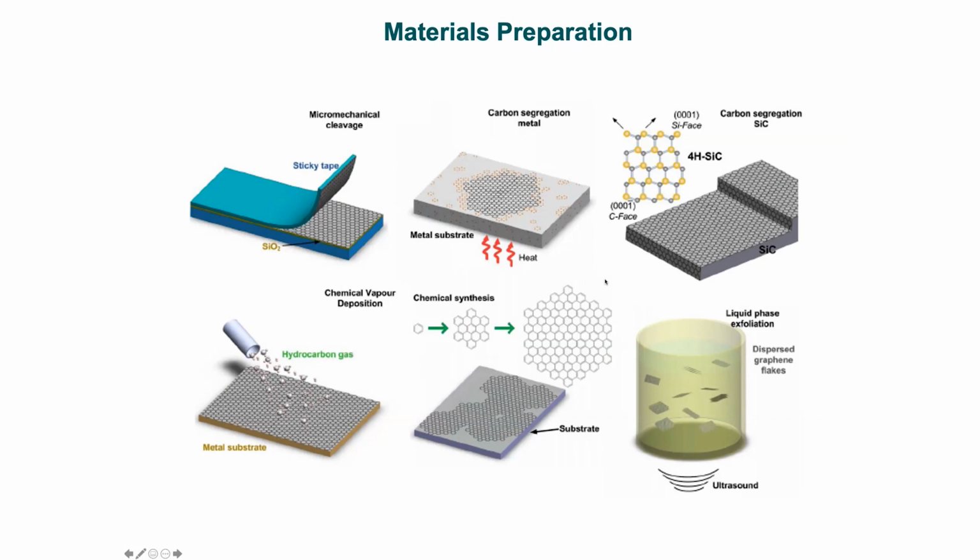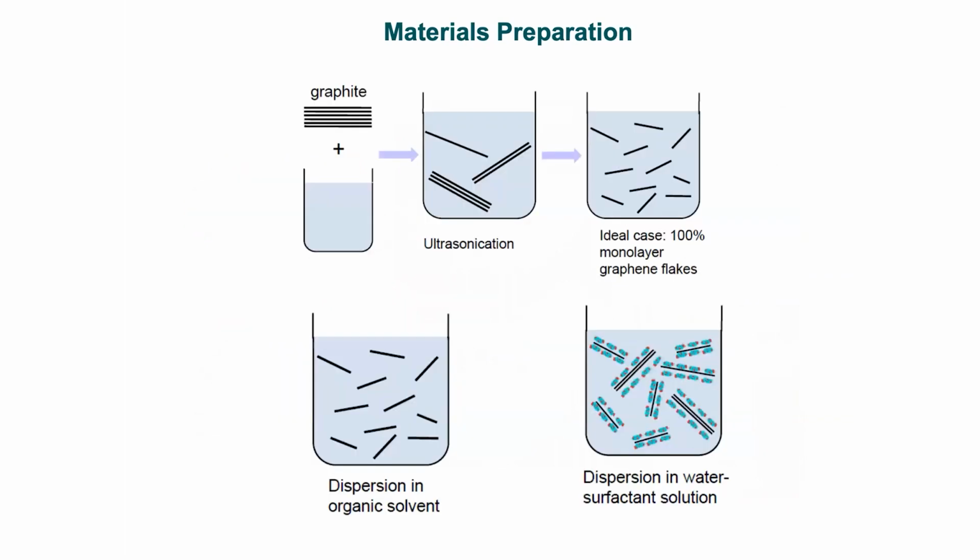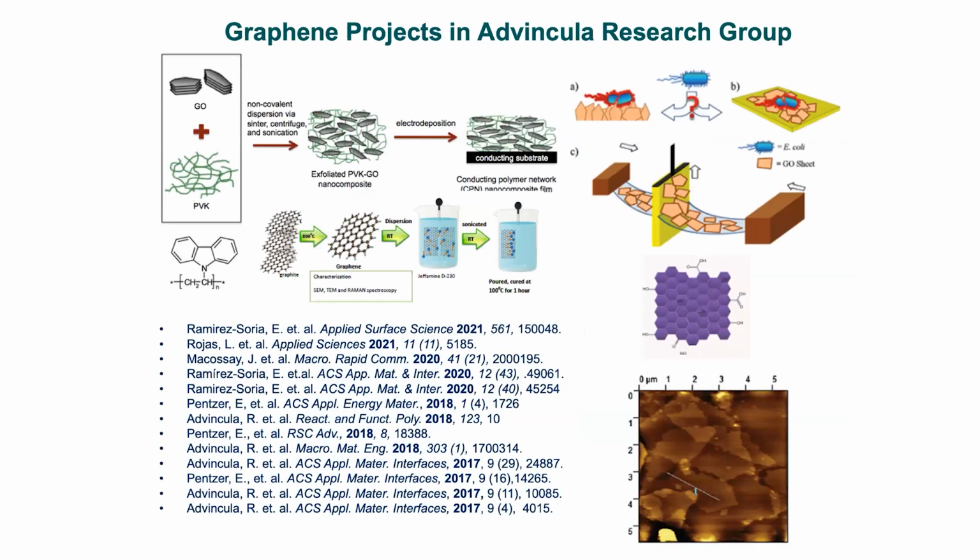However, the most commercially viable method is based on exfoliation and breakup of graphite or graphite sheets into individual graphene particles that can be stabilized by the presence of surfactants. In fact, we have done a lot of work on graphene. In this case, we use a polymer matrix, PVK, to assist in the deposition of the graphene on surfaces, as well as its ability to kill bacteria in solutions.